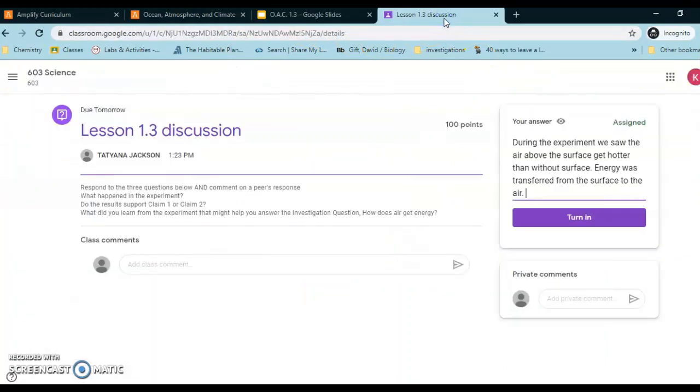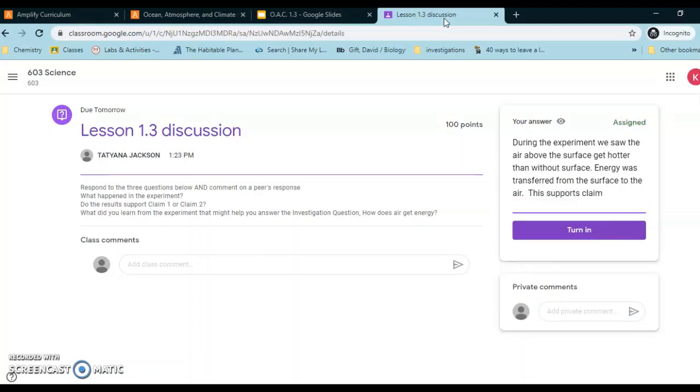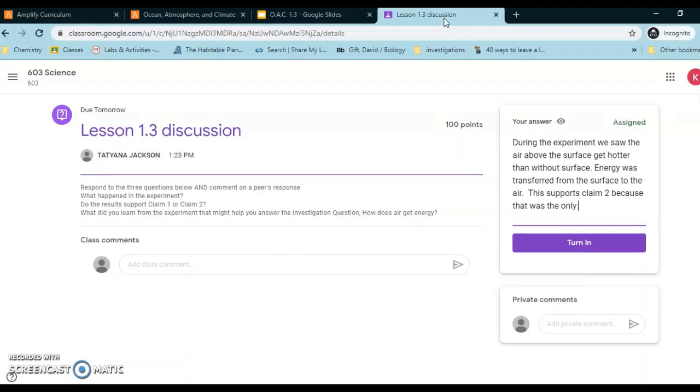So in my discussion, I'm going to write this supports claim 2, because that was the only temperature that increased.